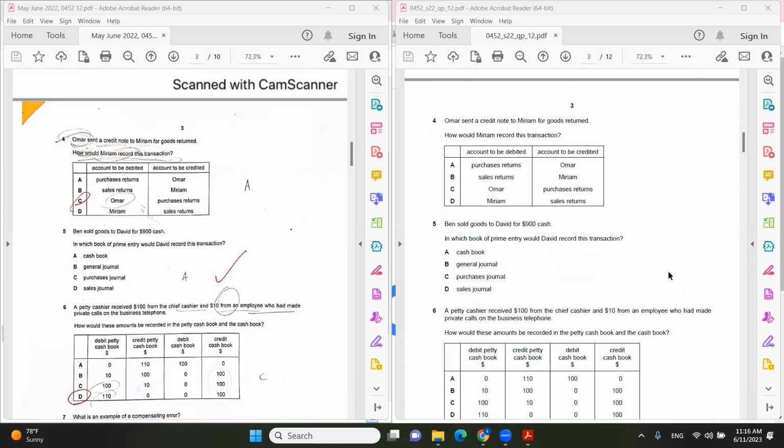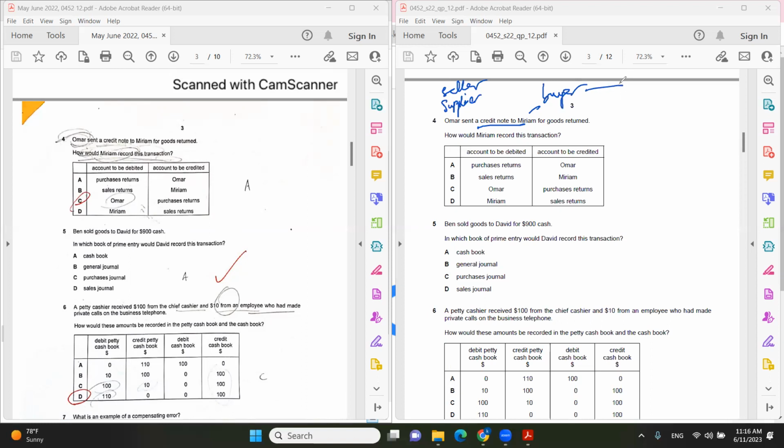Question 4. Omar sent a credit note. That means Omar is the supplier or seller, and Miriam is the buyer. How would Miriam record this transaction?